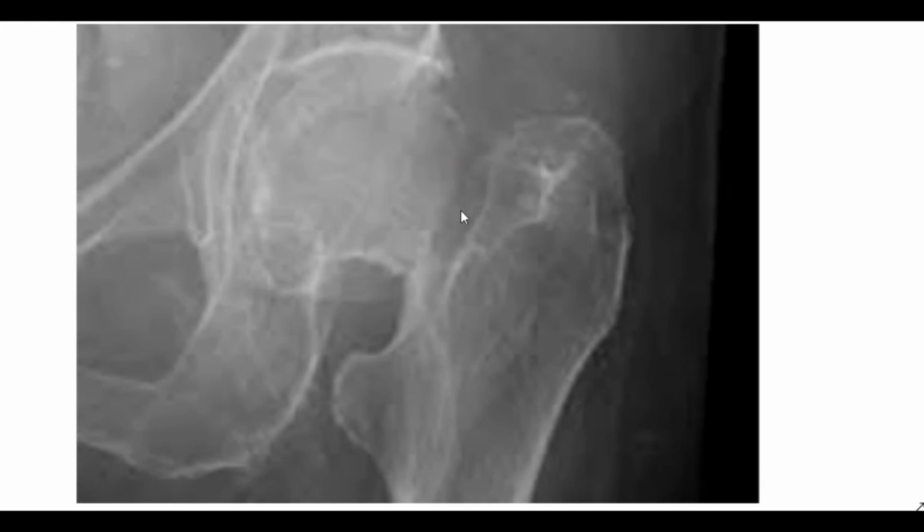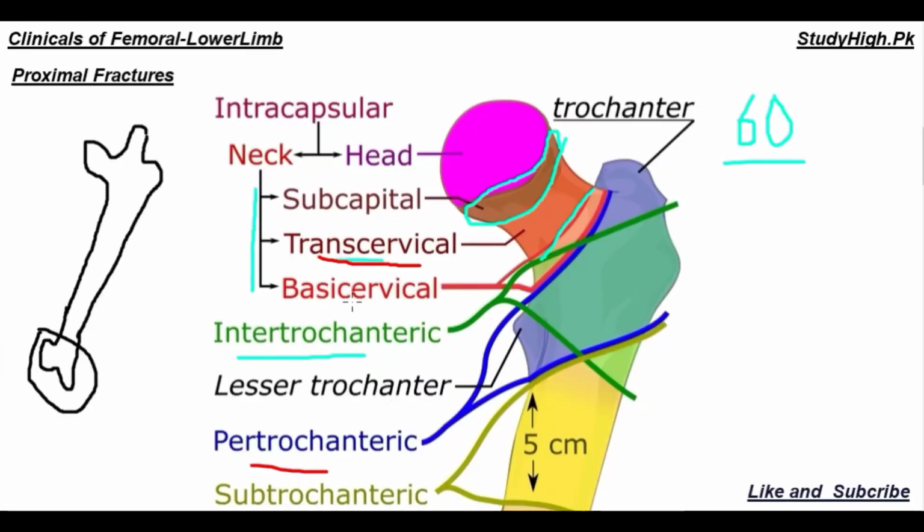It shows that there is a fracture in this region of the neck. Sometimes the darkened area is in the intertrochanteric area of the femur. So on the basis of different radiographs, you can interpret which type of fracture it is: subcapital, transcervical or intertrochanteric.